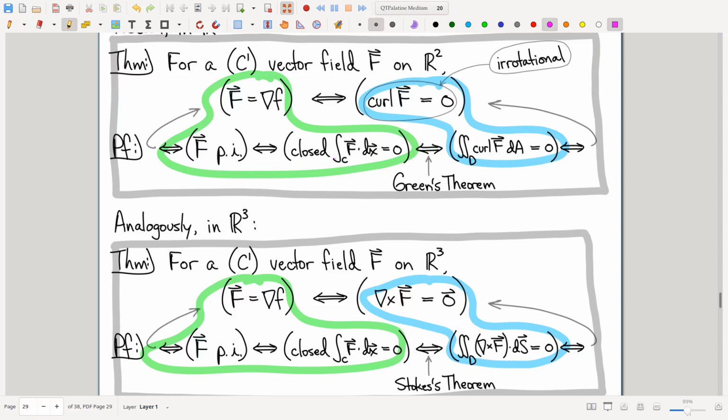And in the same way that Green's theorem, by connecting those, connects the dots here, likewise, notice what it is that we need in order to connect that to that. Well, it's Stokes' theorem. It's exactly Stokes' theorem. Stokes' theorem literally says that circulations can be computed as fluxes of curl. So that's the missing piece. That's what allows us to draw this same connection. That's what allows us to finally understand why that 3-dimensional local test works.